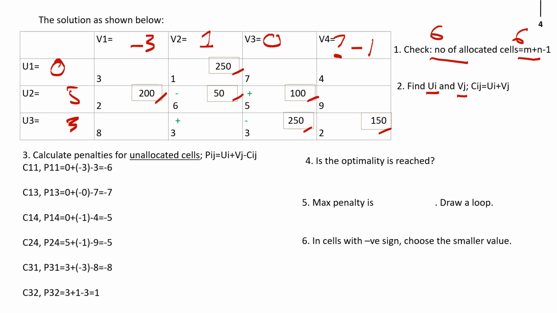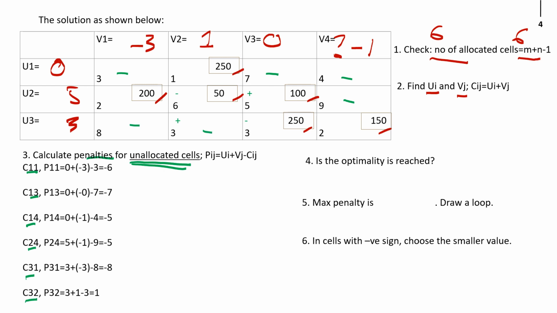The third step is to calculate the penalty. For penalty, we refer to the unallocated cells, which are C11 here, C13, C14, C24, and C31 and C32.